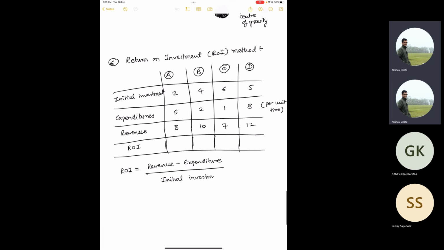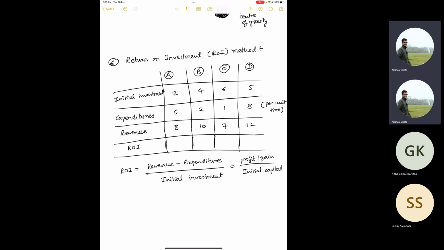Do you understand why we defined it this way? This revenue minus expenditure is all about profit or the gain we got. This initial investment is your initial capital. I told you this example of stock market, right? So the same analogy is used here.